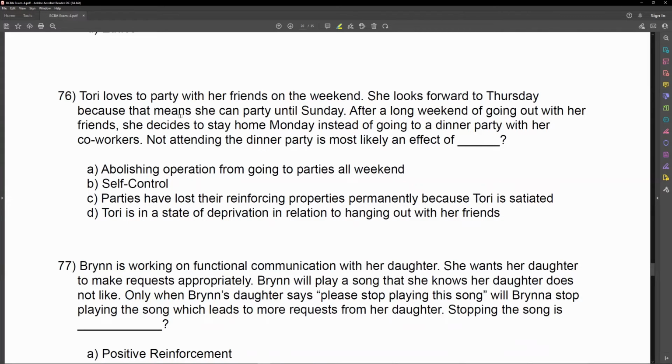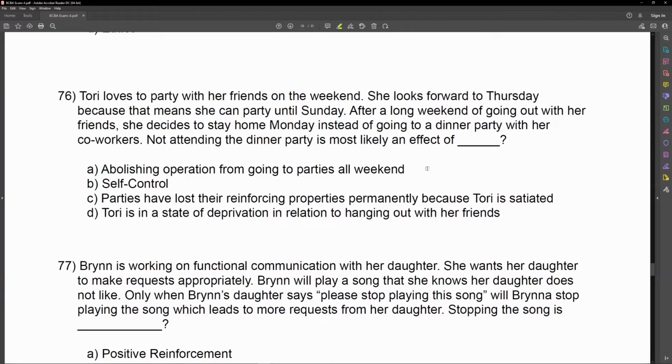However, we know she loves to party, right? So Thursday, she partied all weekend, went out with her friends, got a lot of partying in, a lot of reinforcement. Monday, instead of going to another party, she decided to stay home. What do we think happened? A, an abolishing operation from going to parties all weekend. Sure, that might explain it.